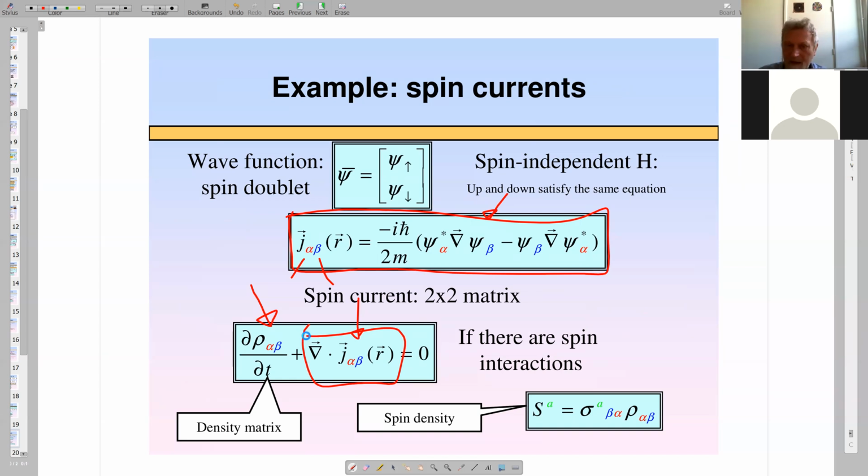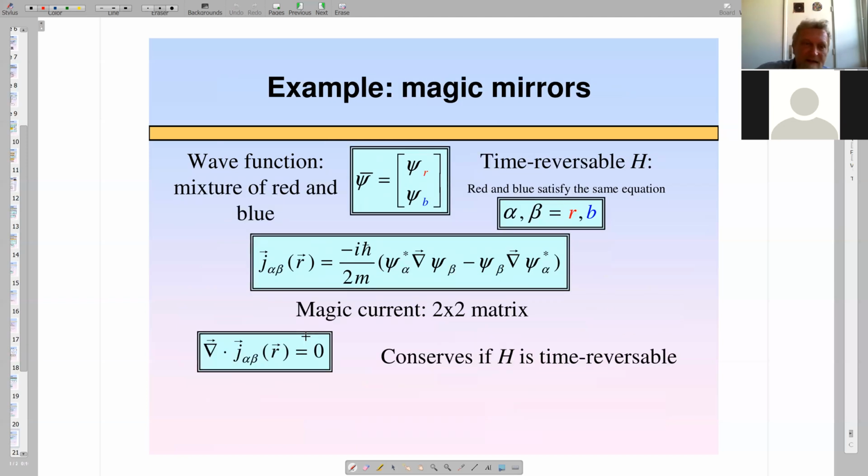Another example which you can give is for magic mirror. Remember, in magic mirror, we also have two components, two different waves. A reflected wave is not the same as incident wave. So to describe reflected radiation, I need to use the two-component wave function.